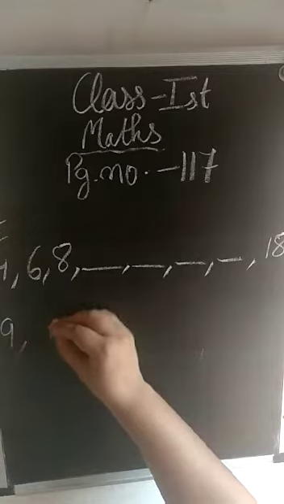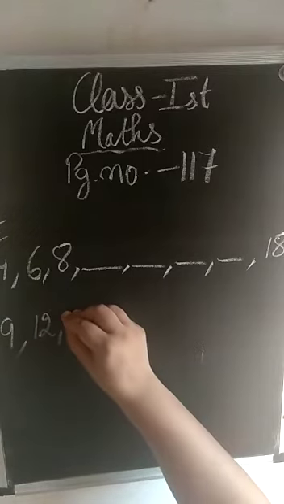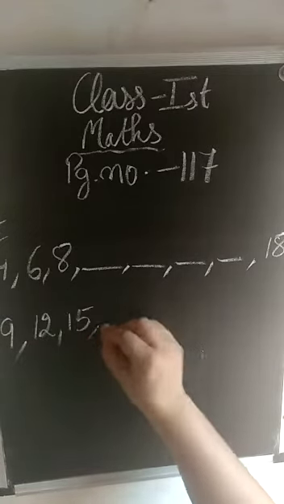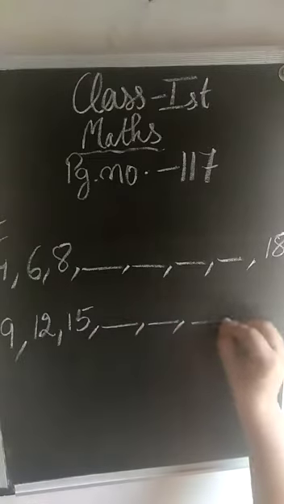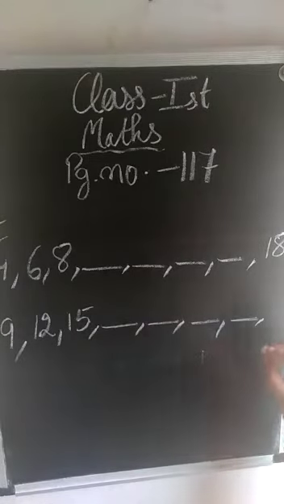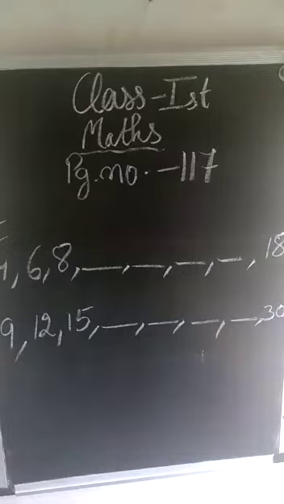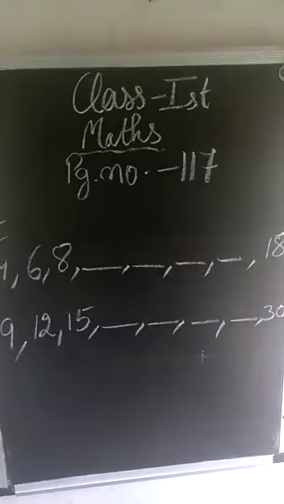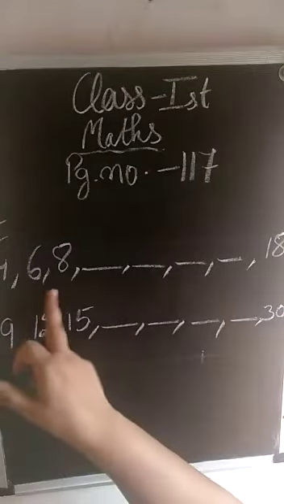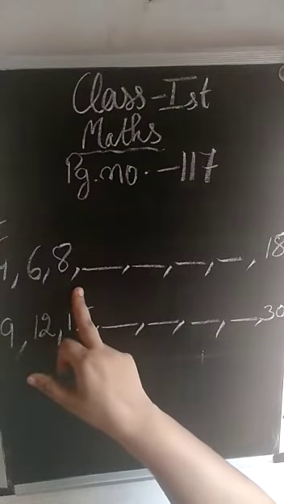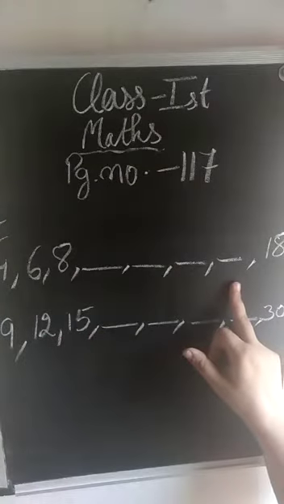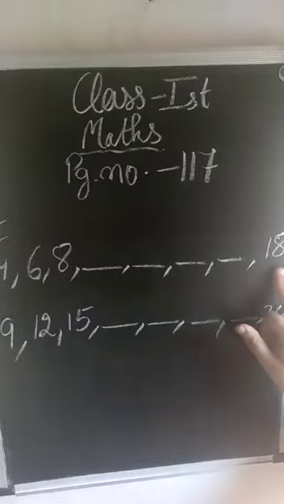Write a few numbers: 12, 15, 4 fill-ups are given, and 30. Now you can see that here at first they had given us 3 numbers, but after that they had given us 4 fill-ups and the last number is also given.